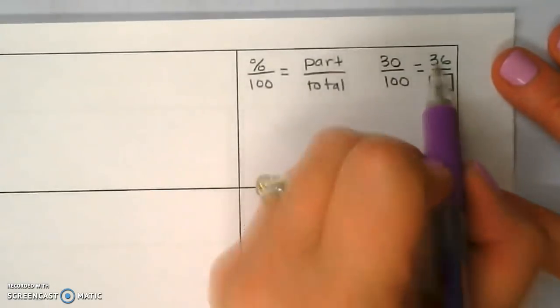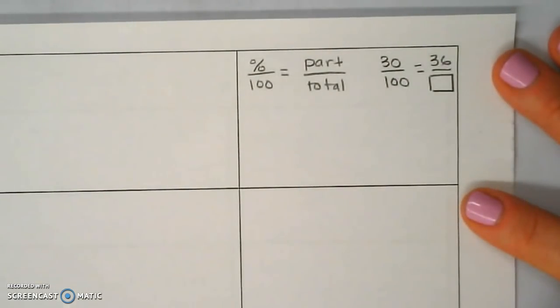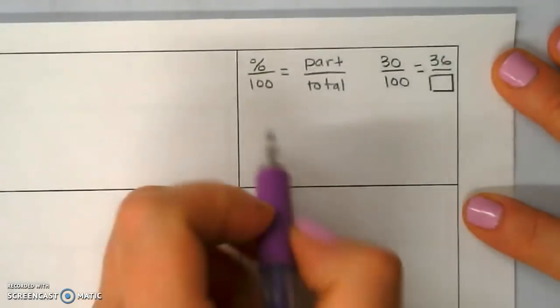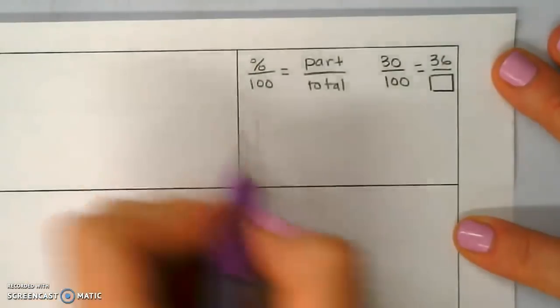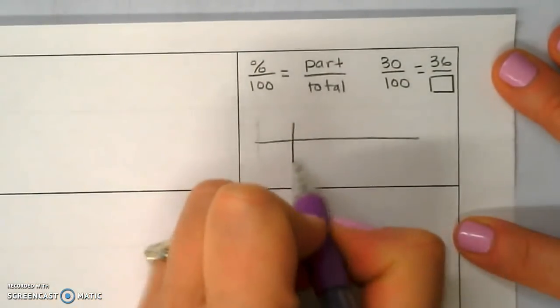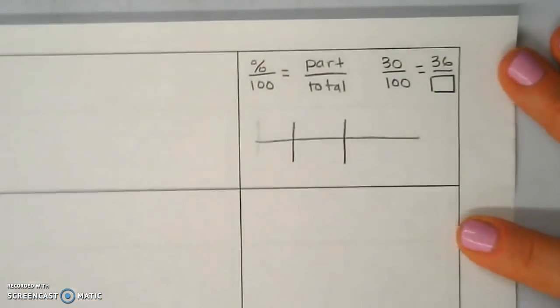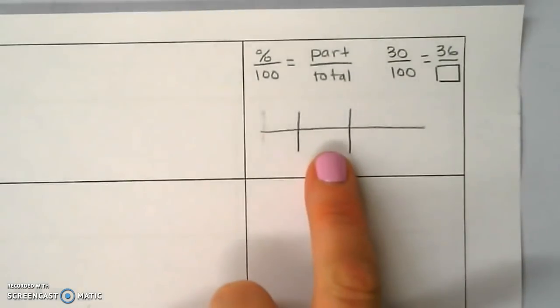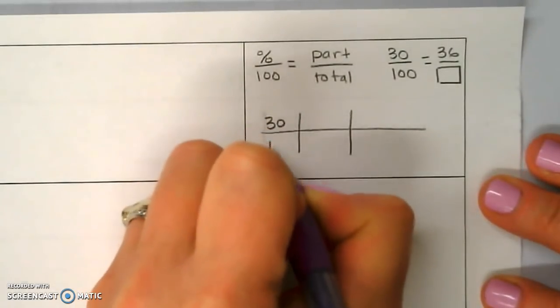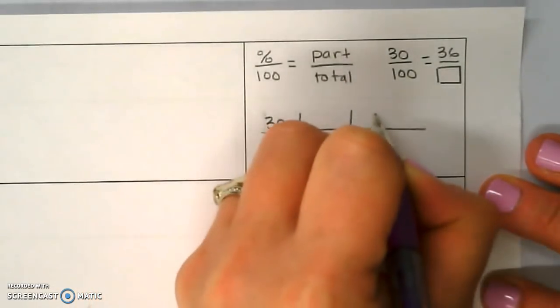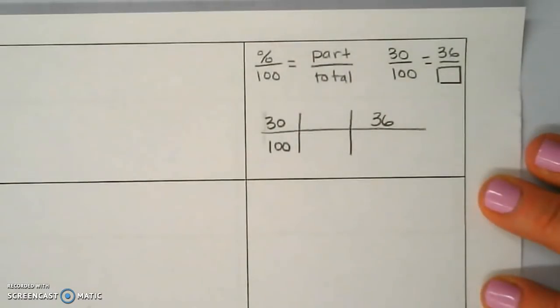It's not really very easy for us to tell what we multiplied 30 by to make it a 36. So I'm going to go down here and I'm going to scale my ratio. But when I scale my ratio, I'm going to try to get my fraction reduced right here. Let me show you what I mean. 30 over 100 is something over 30.